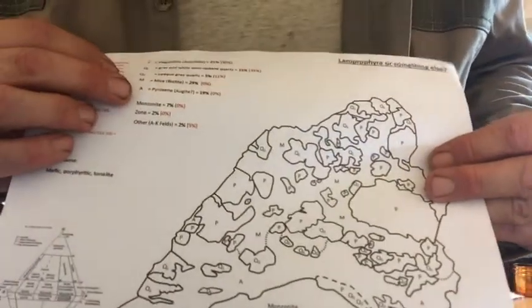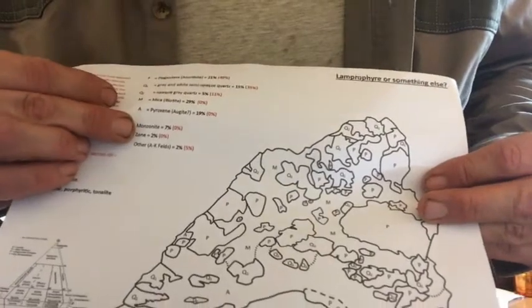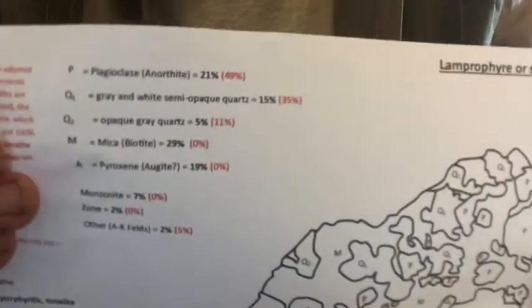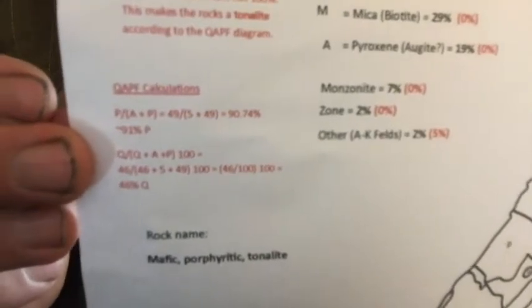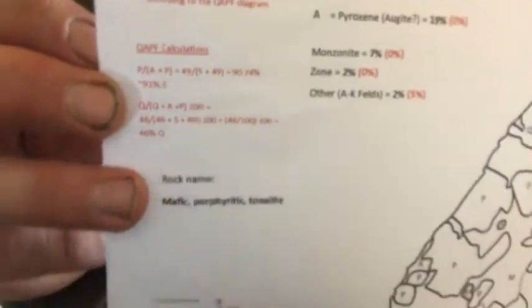I also removed the monzonite because it was such a small percentage to begin with, and the same thing with the zone. So these red percentages are my adjusted ones, and here are the calculations to figure out how to adjust the percentages. And there's the rock name again on the bottom. So that's why I came to the conclusion that this thing was a tonalite.